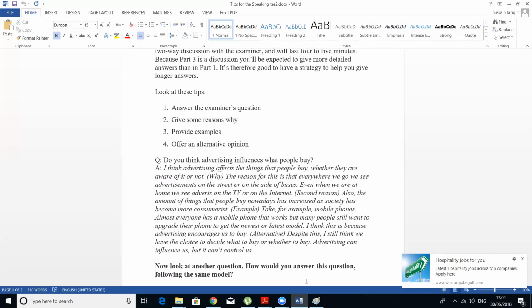Yes, I do think that advertising can influence people to buy things impulsively. Basically, I think marketers use this strategy, advertising, to influence people to buy things. For example, marketers use advertising and brand ambassadors.